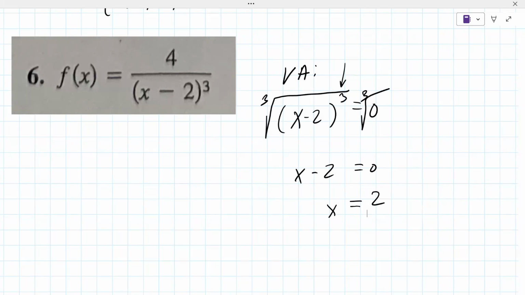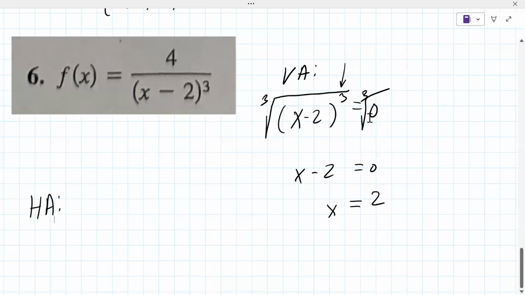All right. So that's the vertical asymptote. How about the horizontal asymptote? Is it top heavy, bottom heavy, or the same? It's gonna be the same. It's gonna be 4/2. It is not. It's bottom heavy. The degree on the bottom is 3.